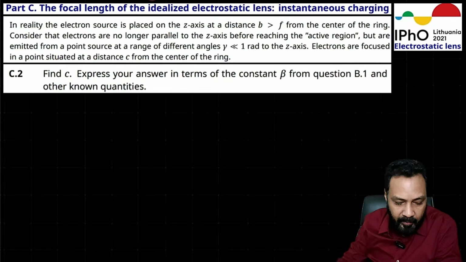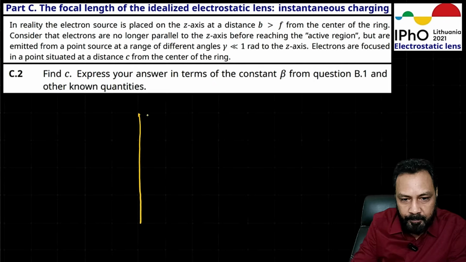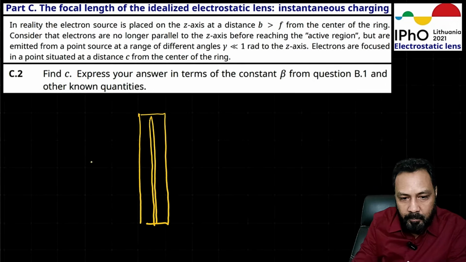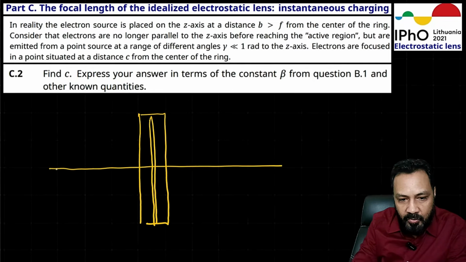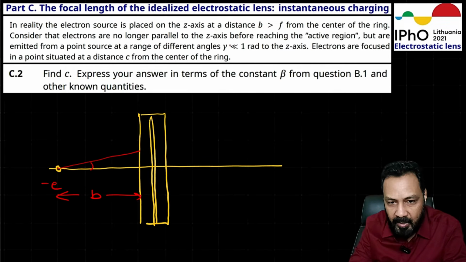That diagram I have not shown, but what they are saying is that the situation is something like this. This is the active region, and this is the ring. There's a source of the electron, and that source is at a distance b, and they are projected at a very small angle of incidence, that is written gamma.